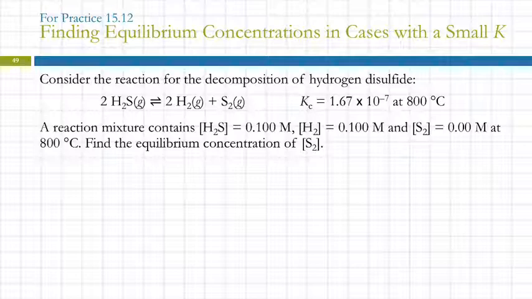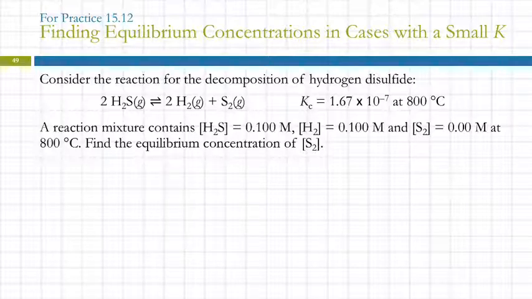So let's do one with real stuff instead of A's and B's. So here we have the decomposition of hydrogen sulfide. And the reaction mixture contains 0.1 molar of one of the reactants and one of the products, and none of the sulfur initially. Find the equilibrium concentration of the sulfur. So we need a nice table.